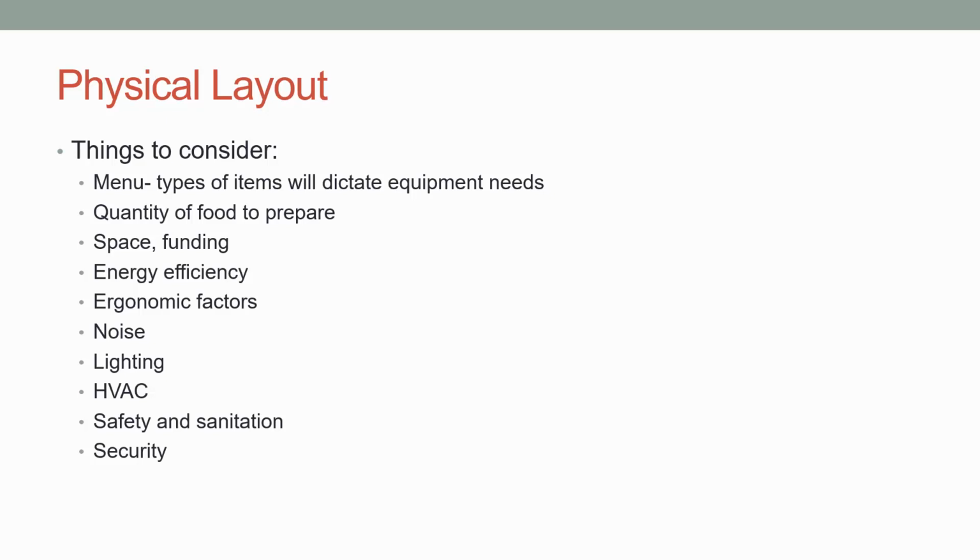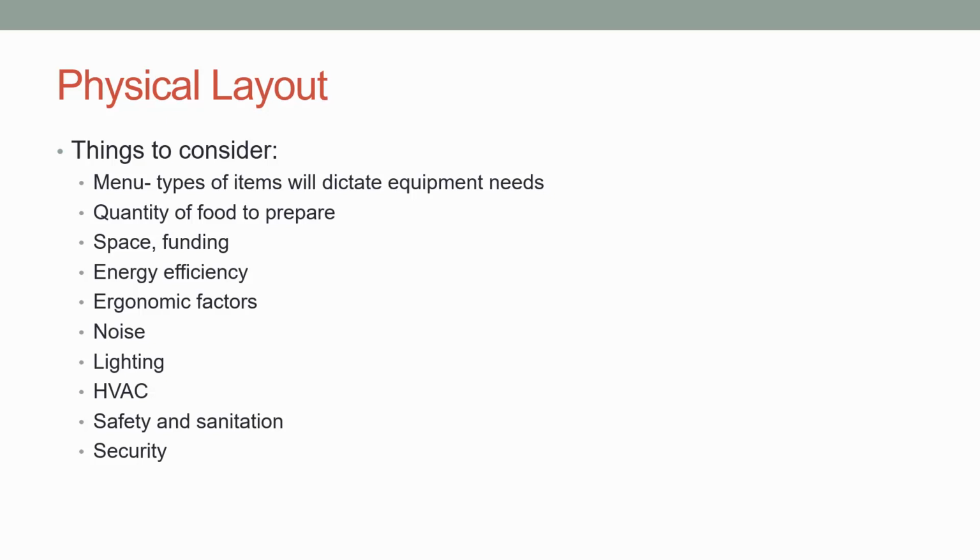How is that going to affect back pain, injuries, things like that? Noise. What's the noise from your equipment? Do you need certain insulation? You don't want it to be super noisy in your dining room because of how your kitchen and dining room setup is combined. So make sure you think about that, as well as other things such as lighting, your HVAC system. How are you going to have safety and sanitation?